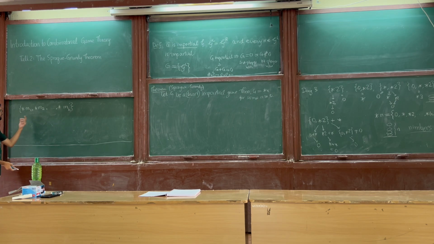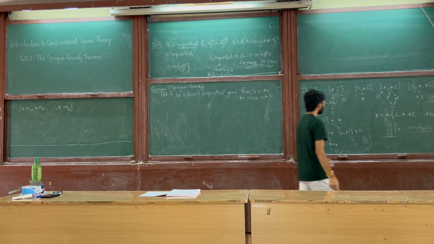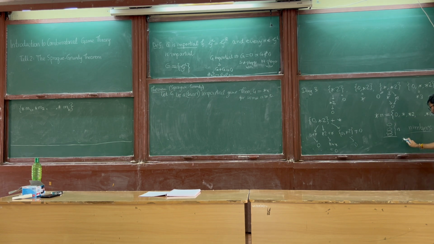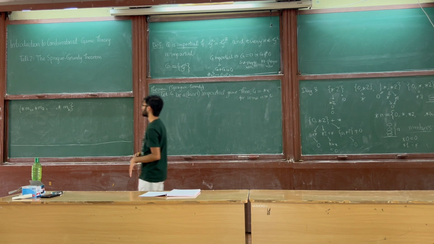It looks like star n1 comma dot dot dot star nk, where all these are born before. Just to mention, star 0 is 0 and star 1 is star, so I don't need to worry about writing 0 and star separately.